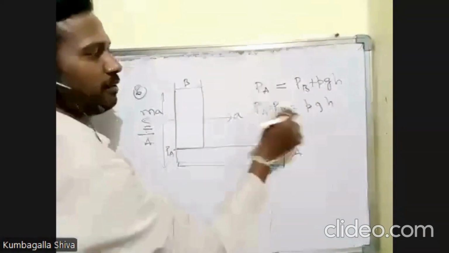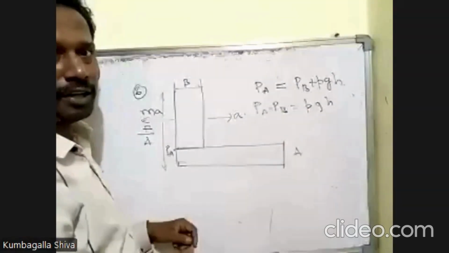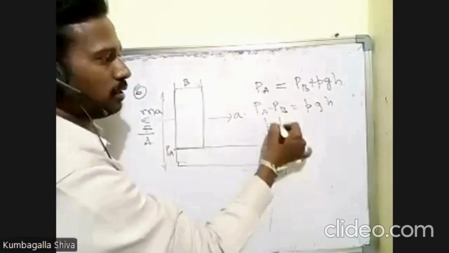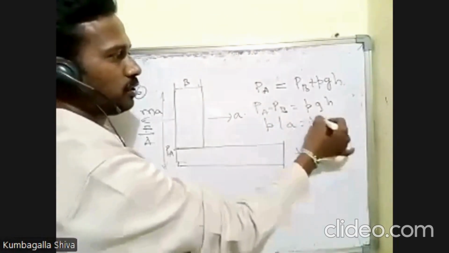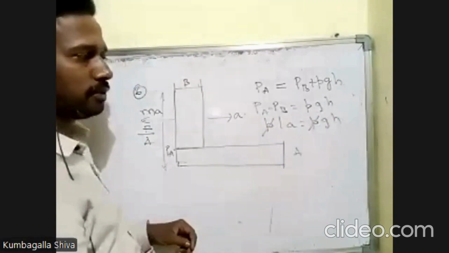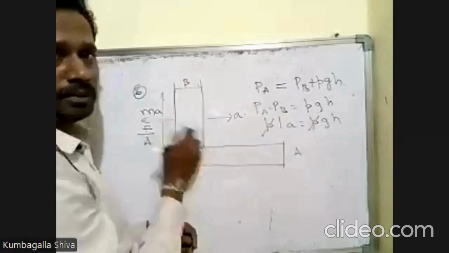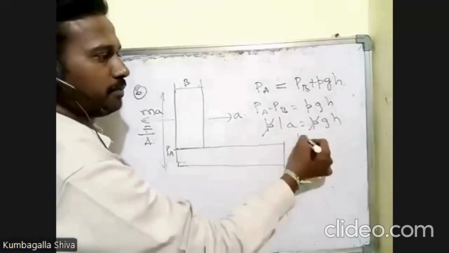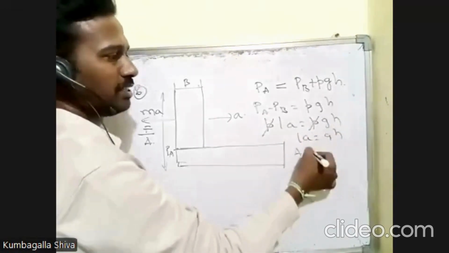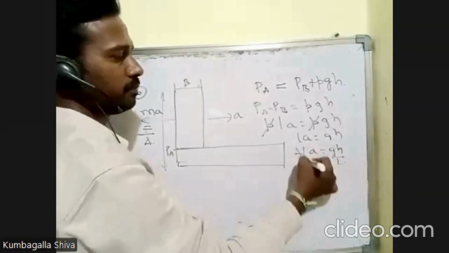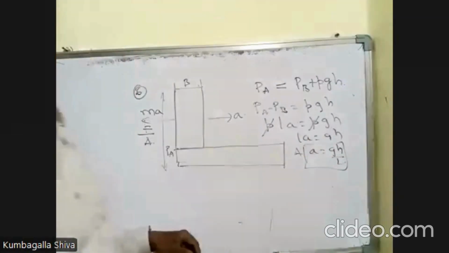The pressure difference is rho LA, so rho LA is equal to rho GH. You can cancel off the densities because the liquid is the same. So LA is equal to GH, and the acceleration is GH by L. Clear?